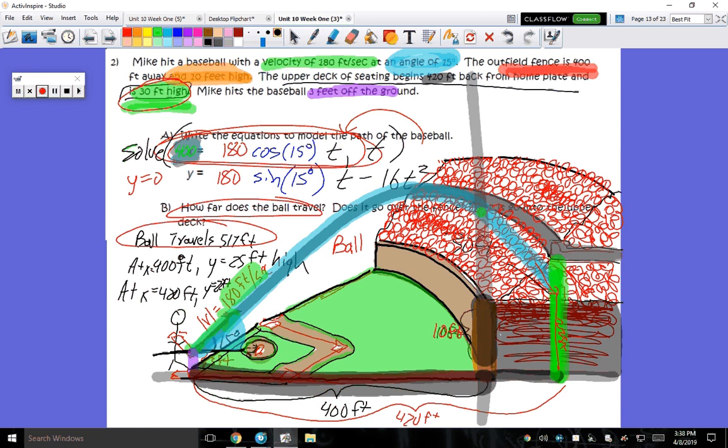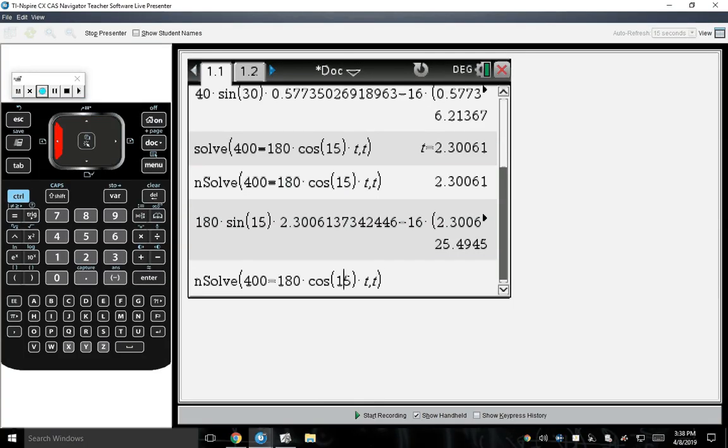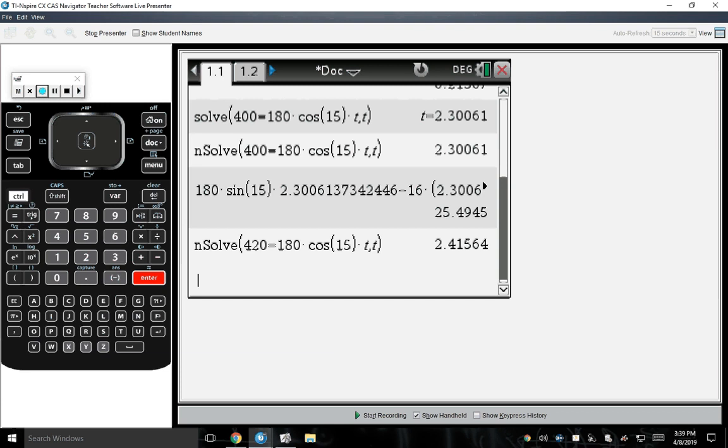And if I want to do the menu solve feature for the now 420 feet away, you can do it like this. So let's go up here, but instead of it being 400, we're going to say when it's 420, how long did it take to get there x-wise?